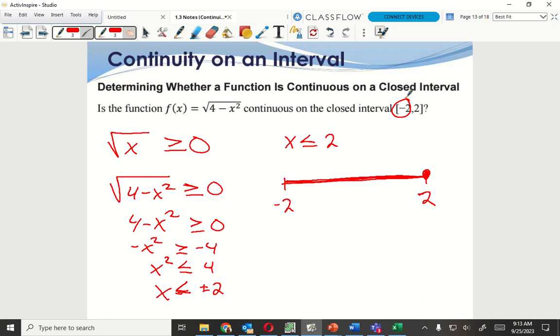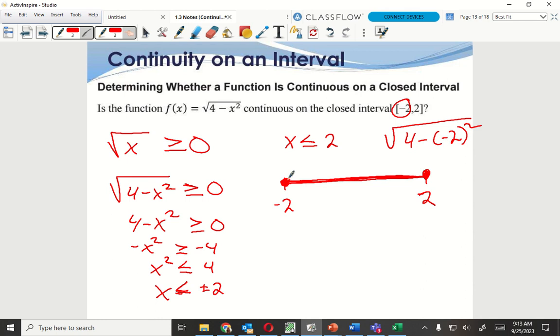Let's plug in negative 2 and see what we get. Negative 2 squared is 4, right? So that's going to give me 0. Okay, so that's going to be, again, 0 here.